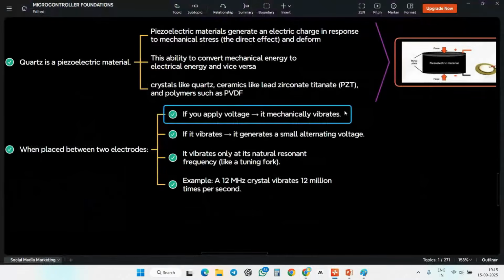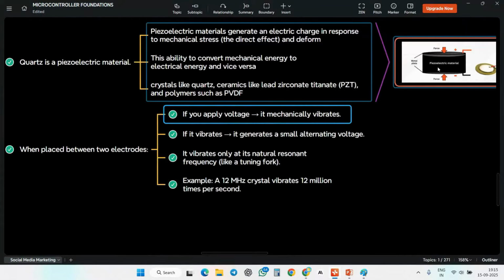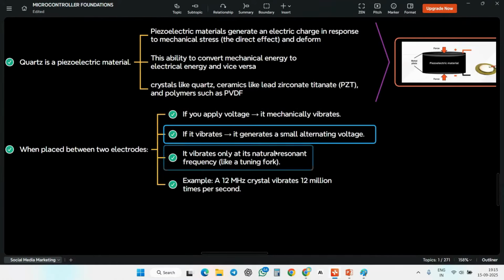When that voltage is applied, the crystal inside mechanically vibrates. This vibration causes a small alternating voltage, which is the output voltage that we are going to use. I'm going to explain.